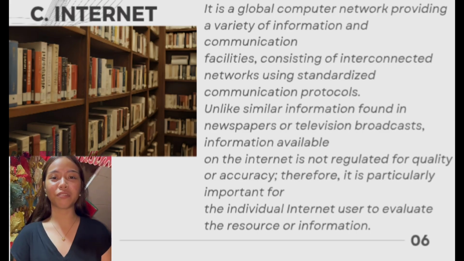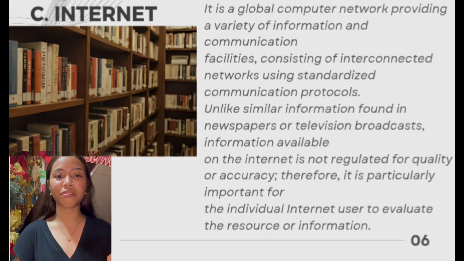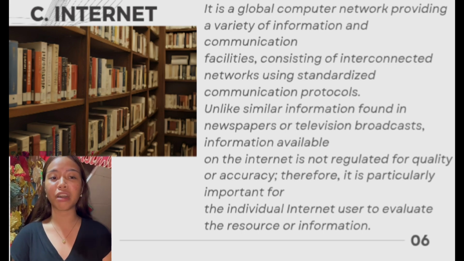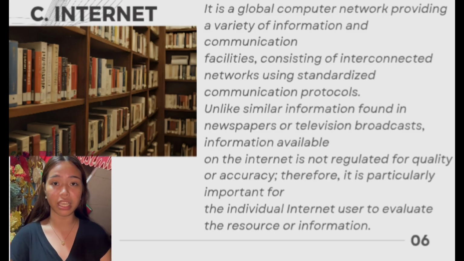So we can also find sources from the internet. It is a global computer network providing a variety of information and communication facilities, consisting of interconnected networks using standardized communication protocols. Unlike similar information found in newspapers or television broadcasts, information available on the internet is not regulated for quality or accuracy.